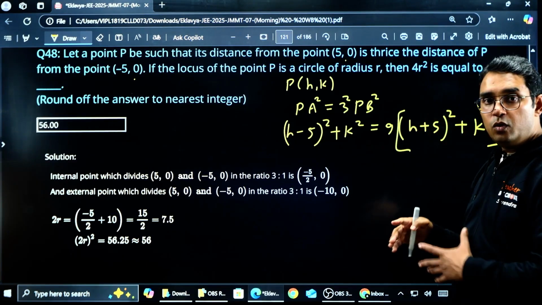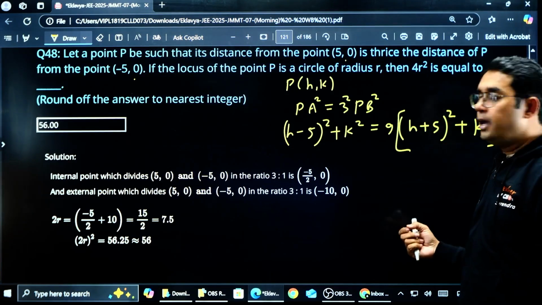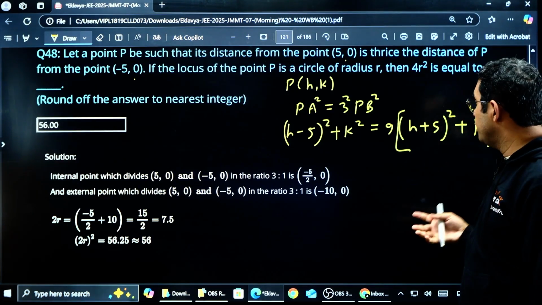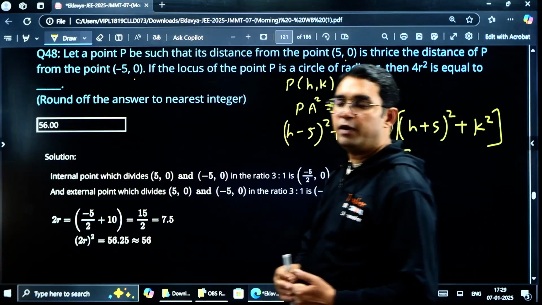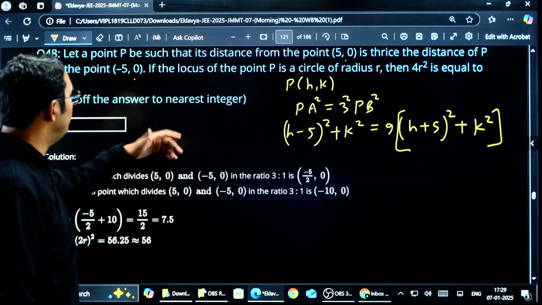Now you can open it and you can see it is an equation of a circle, and from the coefficients you can find the radius, and from there you can find that 4r square.